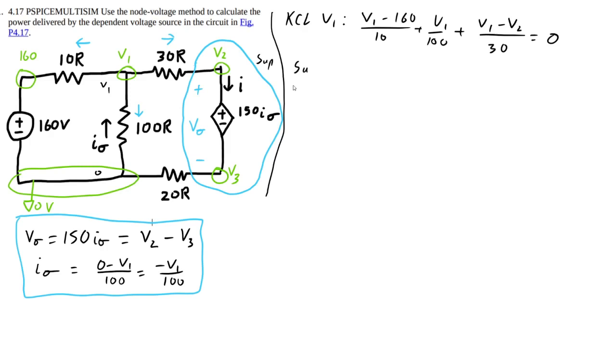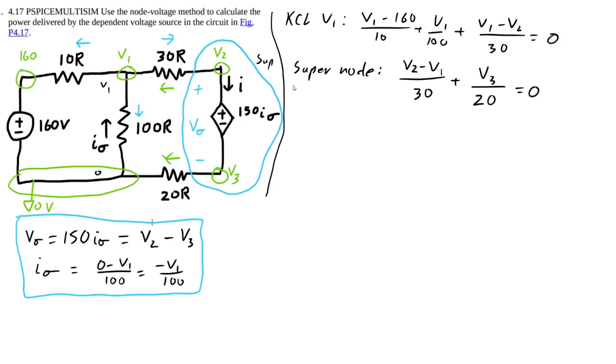So for the supernode, we're going to do KCL over there. For that, we only have two currents leaving. First thing I'm going to consider is V2 minus V1 over 30 plus V3 minus 0, which is ground, over 20 equals 0.